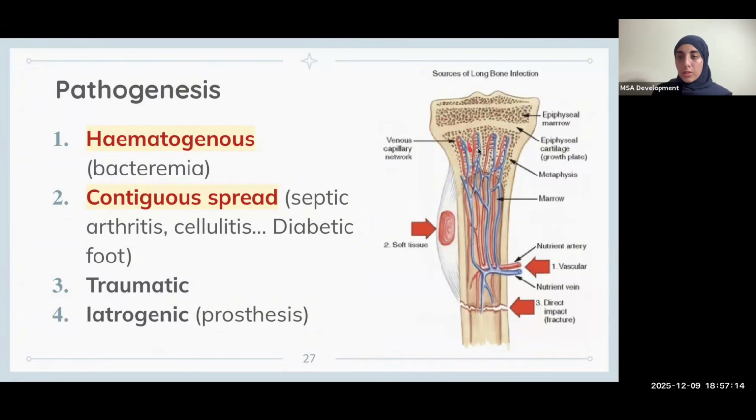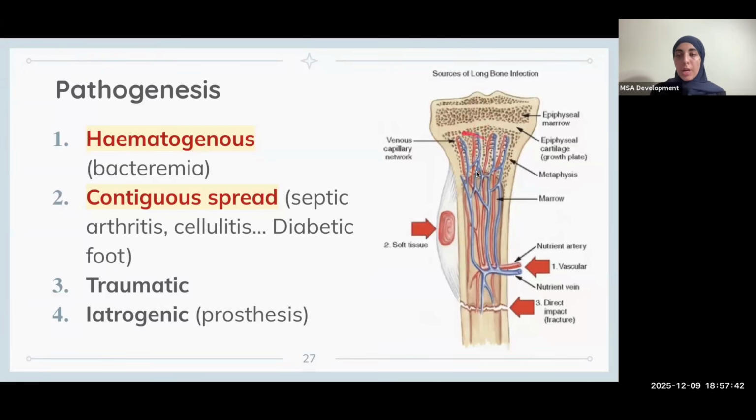When the blood reaches here, it's going to slow down a lot as it's turning. Just imagine you're driving and you reach a U-turn: you're obviously going to need to slow down. The blood does the same thing, and this slowing down at the loop gives the bacteria more time to exit the blood vessels and seed into the bone.